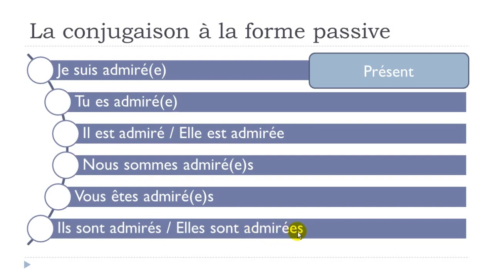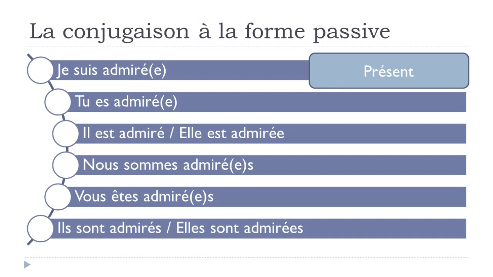Okay, so you've got phonetically only one form, and it's admiré, okay? But keep in mind that because we constructed with être here, then we should put the feminine here if the subject is feminine, the plural here if the subject is masculine plural, and then the feminine plural here if the subject is feminine plural. Okay, so it will be the same for all the tenses. So I won't repeat that after.